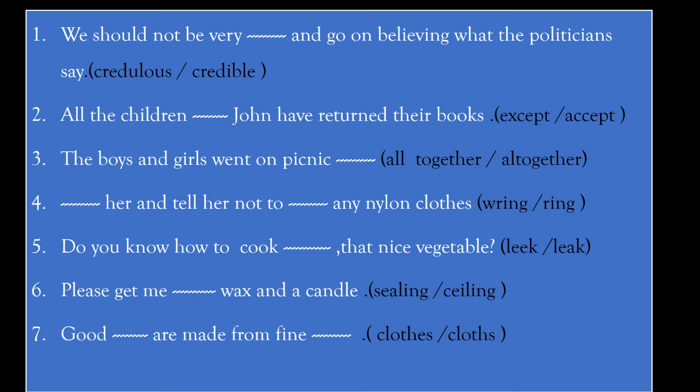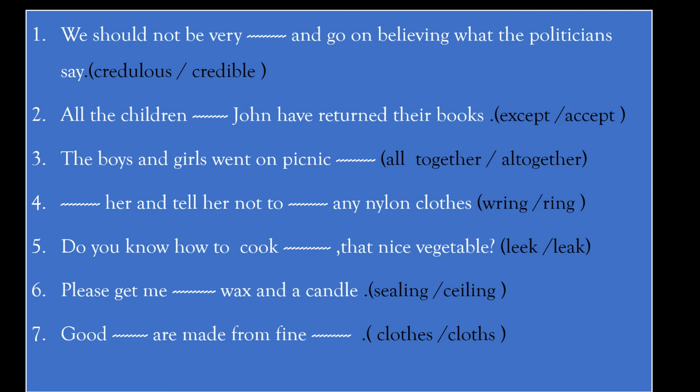Number 3. The boys and girls went on picnic. Here we have all together and altogether. All together, the first one, means as a body, as a group, together, without somebody going alone, together in one.